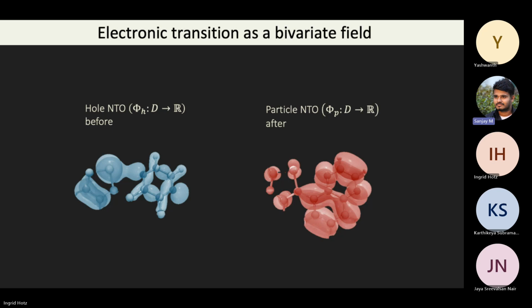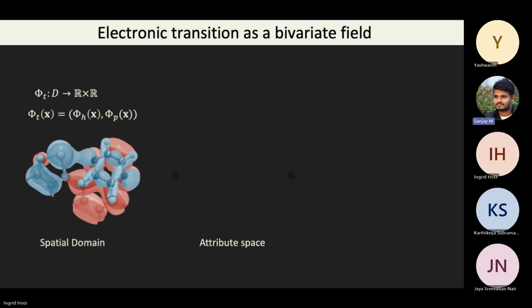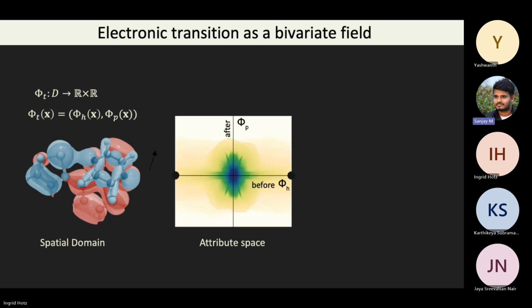The chemist calls this a hole entity and a particle entity. You can just think about this as before, and this is after. And we played around with a lot of different methods here. One thing is a bivariate field. This means at every point in the domain, we now have two scalar values, one scalar value, density before, one scalar value, density after.